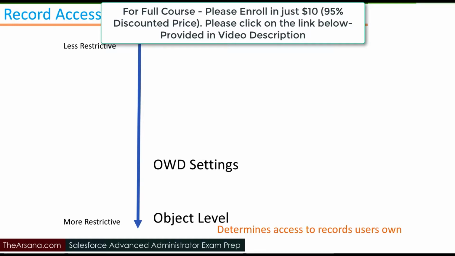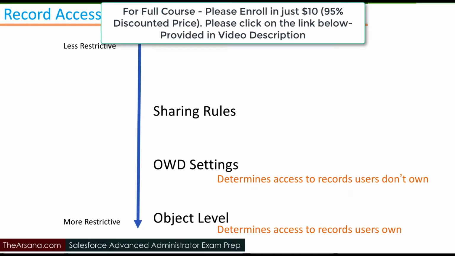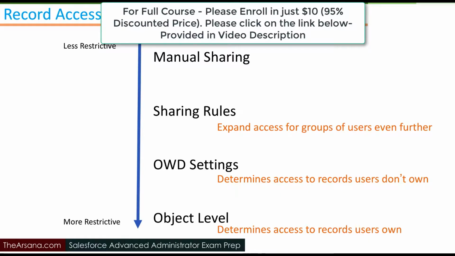Level 2 is organization-wide settings. Organization-wide default settings determine the access to records which a user doesn't own. Then sharing rules. Sharing rules expand access for groups of users even further. Fourth is manual sharing. With manual sharing, a user can manually share records with other users.